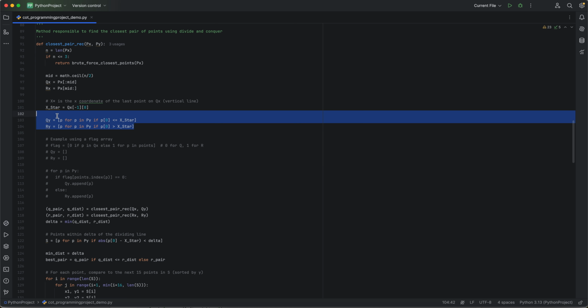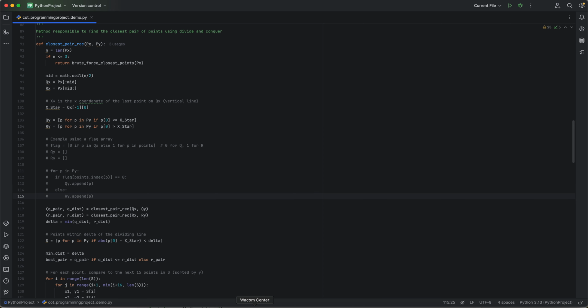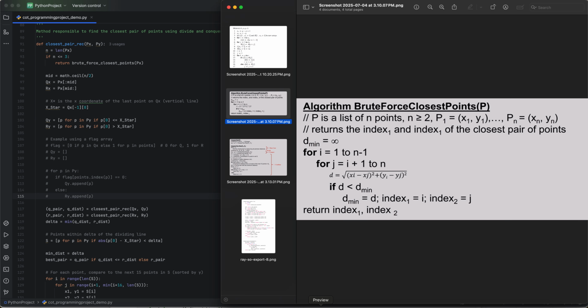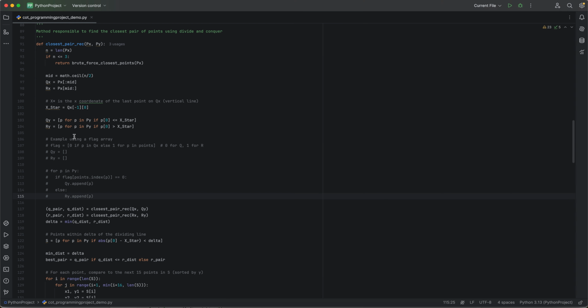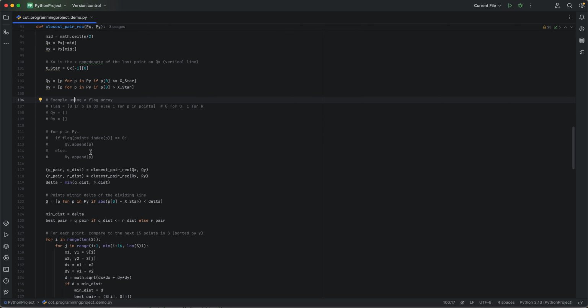So this is more straightforward, easier to understand, and faster, right? The pseudocode doesn't determine how we construct these, so we are free to use whatever technique we want as long as it's linear time. That is the case here. So this is linear time.